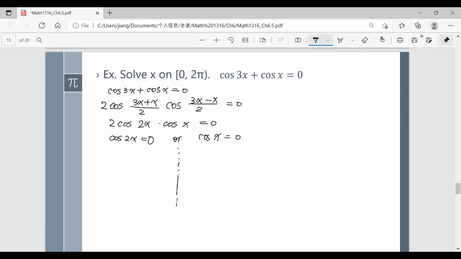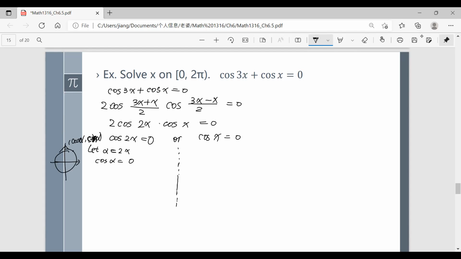So for cosine 2x, I can just let alpha equal 2x, and cosine alpha equals 0. On the unit circle, every point is cosine alpha, sine alpha.